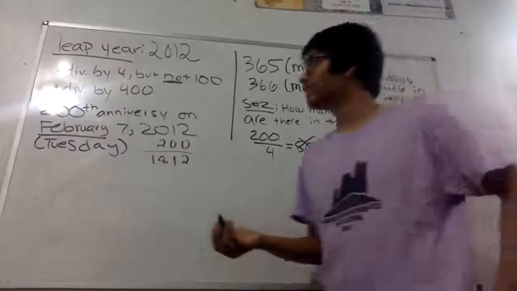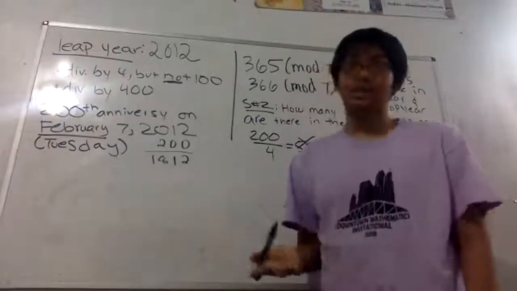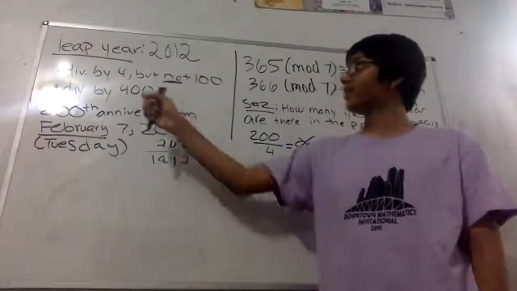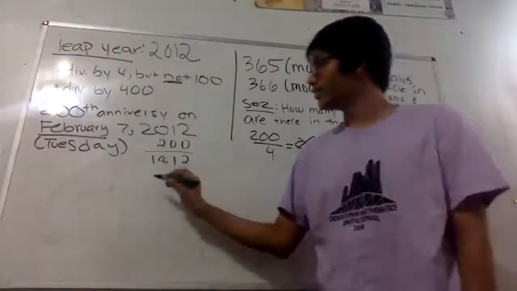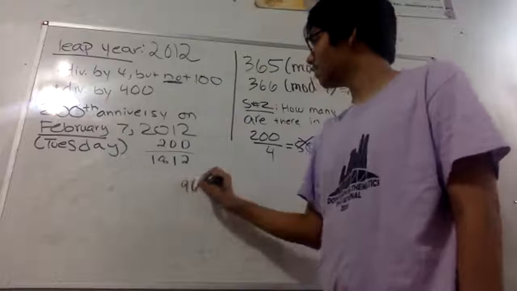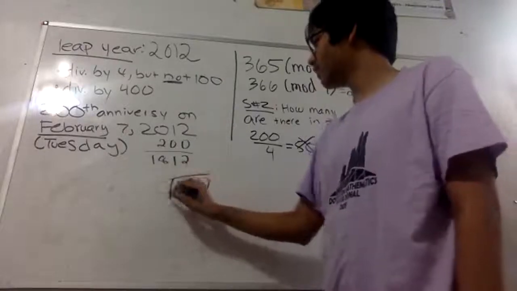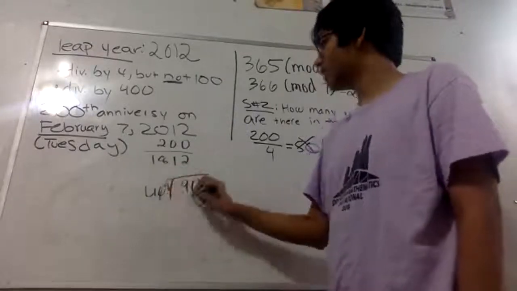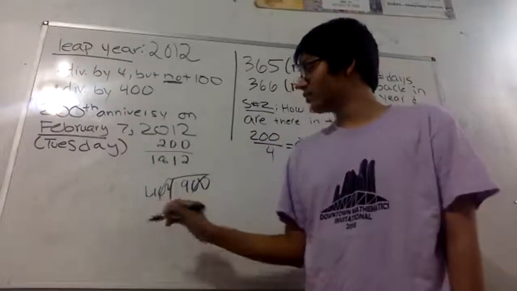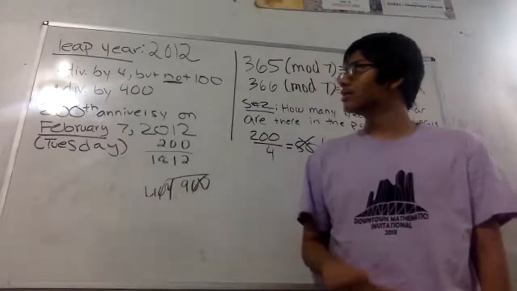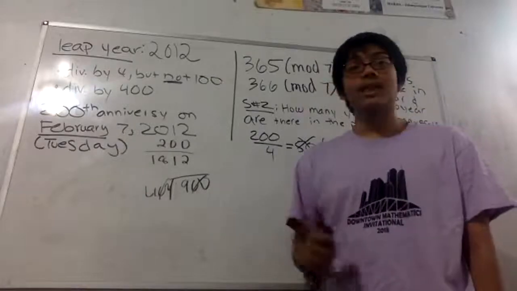Now you're probably thinking, what about 1800? Well, 1800 is divisible by 400. 1900 is not. Right? 4 doesn't divide 19. So let's move on.